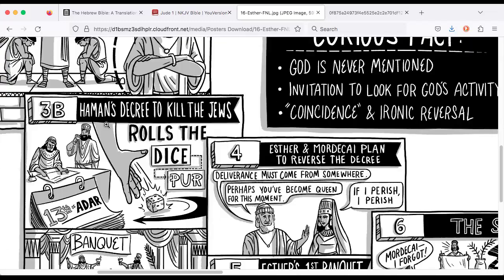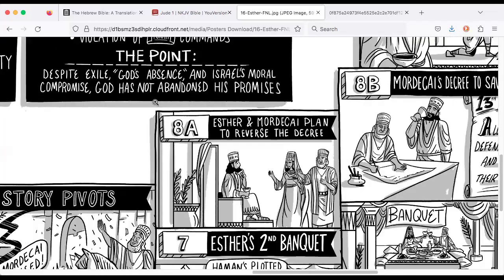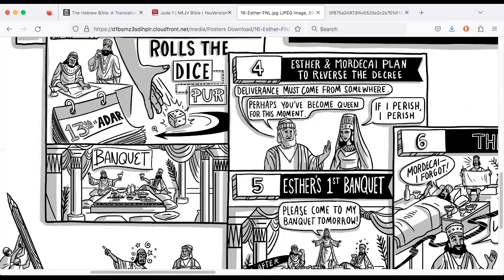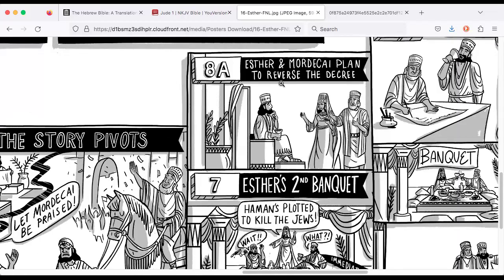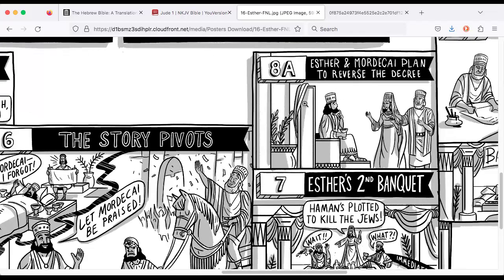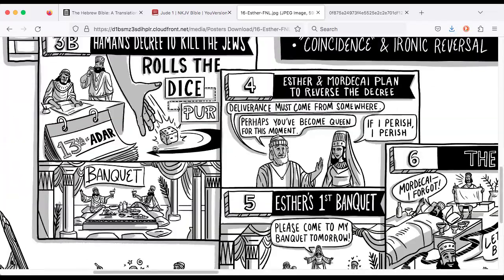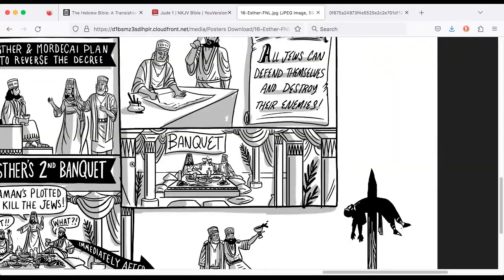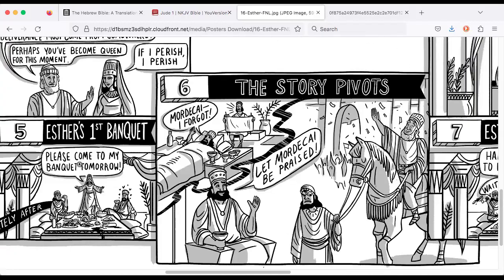Haman's decree to kill the Jews is mirrored by Mordecai's decree to save the Jews.